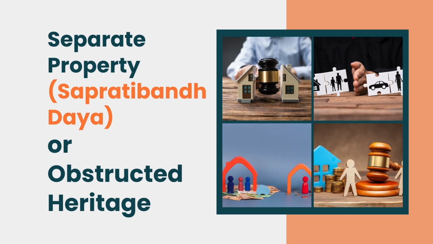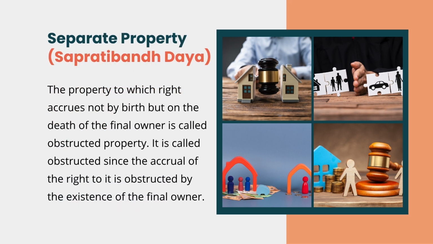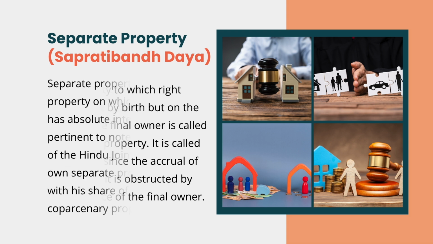Dear learners, now we will discuss separate property, or sapratibandhaya, or obstructed heritage. The property to which right accrues not by birth but on the death of the final owner is called obstructed property. It is called obstructed since the accrual of the right to it is obstructed by the existence of the final owner.